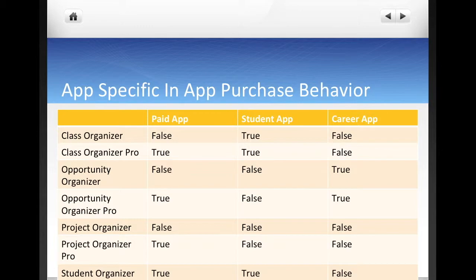There are 2 flags to differentiate between a student app, a career app, and a project organizer app. So for each of the different app types, I have the flags. Is it a class organizer, true or false? And then is it a career app, true or false? And I set the flags accordingly, and that drives the behavior through my app.